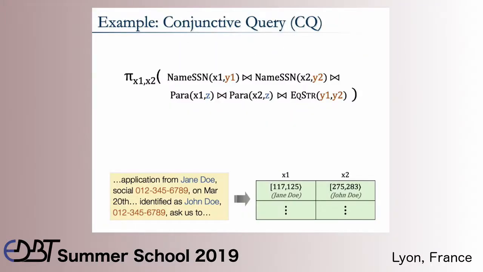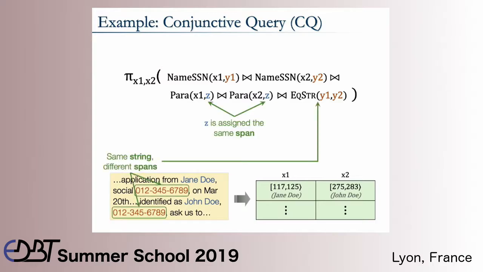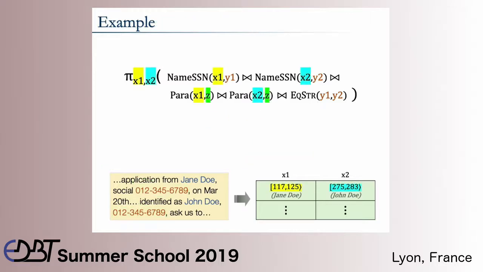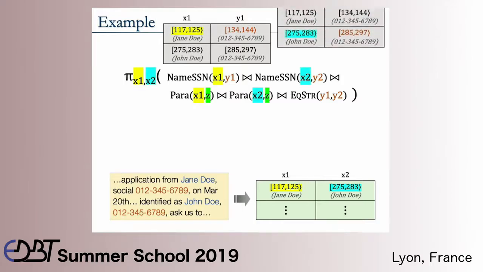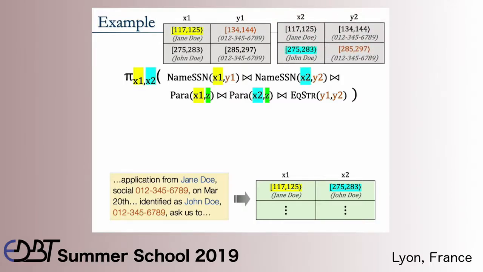Okay, so this is an example. We're basically looking for all the x1 and x2, this is the projection, such that we get the x1 and y1 from the name SSN. Let me go to the next slide to make it clearer. So x1 and y1 occur in the name SSN relation that is extracted somehow with a spanner, and another join with name SSN, so this is x2 and y2.